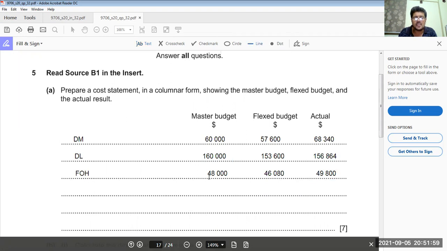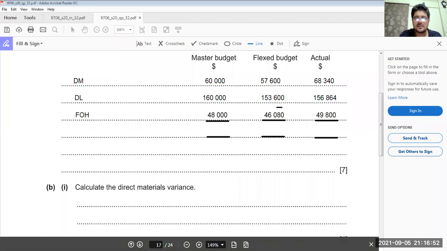And what we have to do here, we have to put a line over here and get the totals over here. Now totals, here 268,000, 257,000. The actual total cost is 275,000.